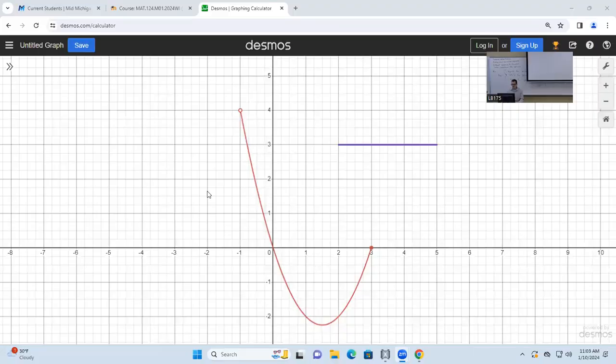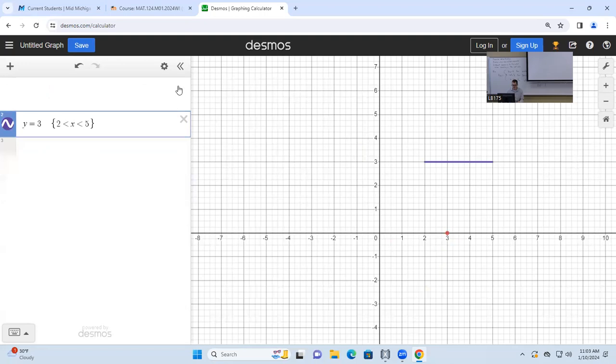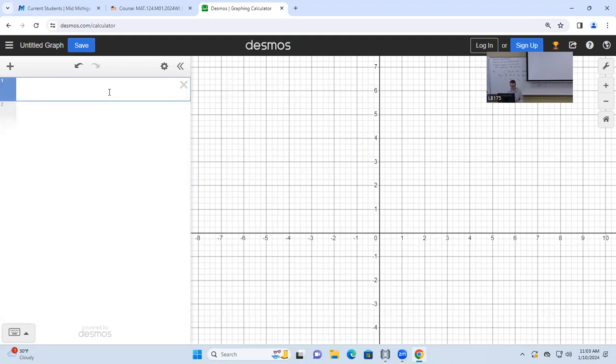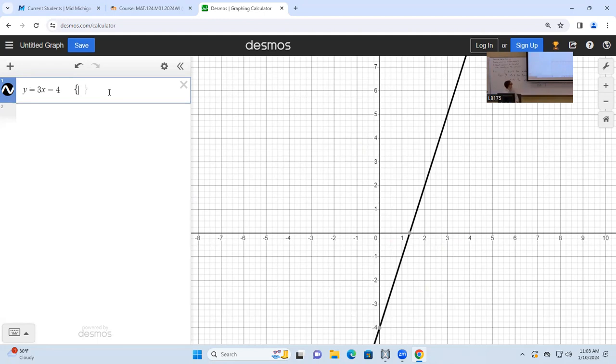I'll show you how I do this, but it's not that important that you know how to do this. So we want our function to be 3x minus 4 for x values less than 2.